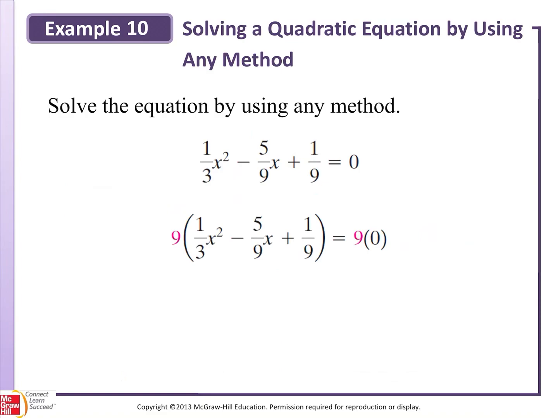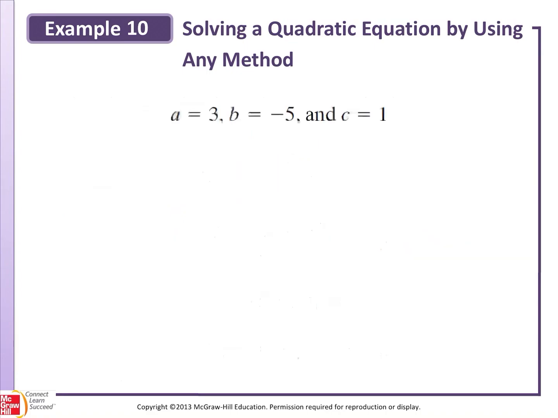And the first one will be, when you have 9 over 3, that's a 3. So 3x squared minus 5x plus 1. So 3 times 1 is 3, and if I would only have 1 and 3, but that's going to add up to 4, not 5. So I can't factor.